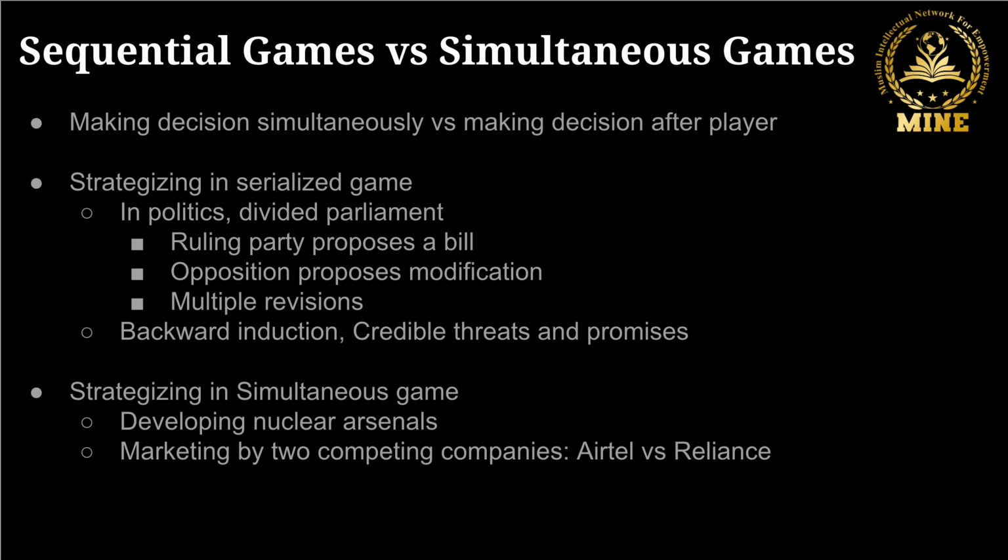Examples of strategies in sequential games, which I will not be dwelling on, include backward induction, credible threats and promises, because you make promises and threats for when your time comes with the other person. This is a little bit complicated, which you can read on your own.